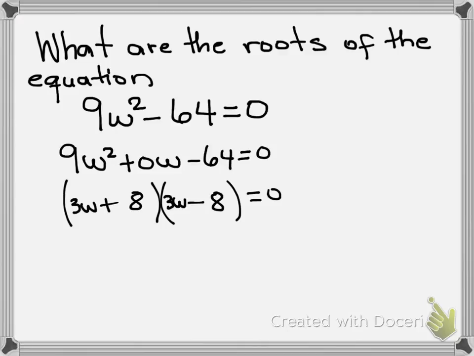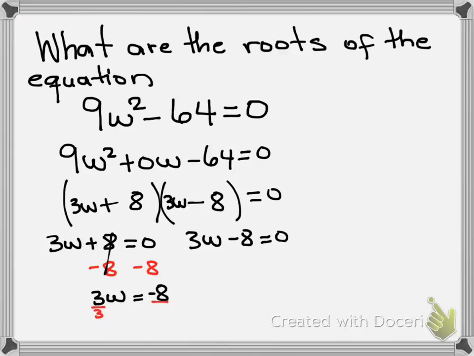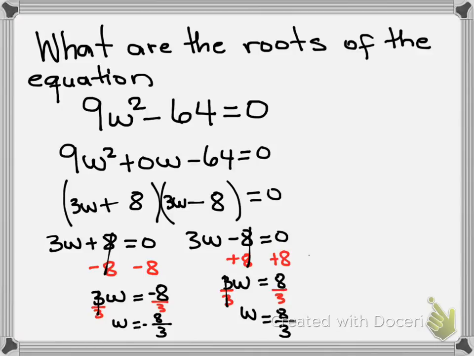But ladies and gentlemen, since they ask for the roots, that's the same thing as asking for the solutions. You apply the zero product property again. Henceforth, you solve linear equations. That's it. No more to it. That is it, ladies and gentlemen.